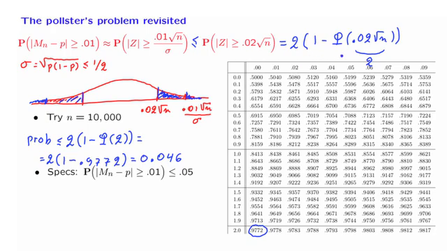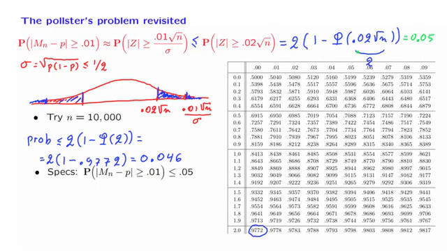What we are trying to do here is that we have this approximation for the probability of interest, and we want to set this probability to a value of 0.05. And then we want to ask what is the value of n that will result in this particular probability of not meeting the specs.